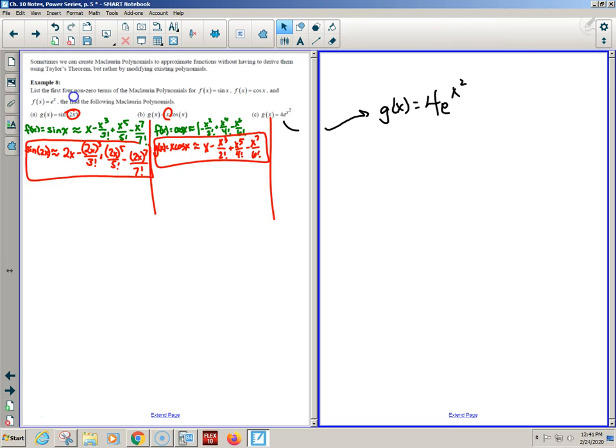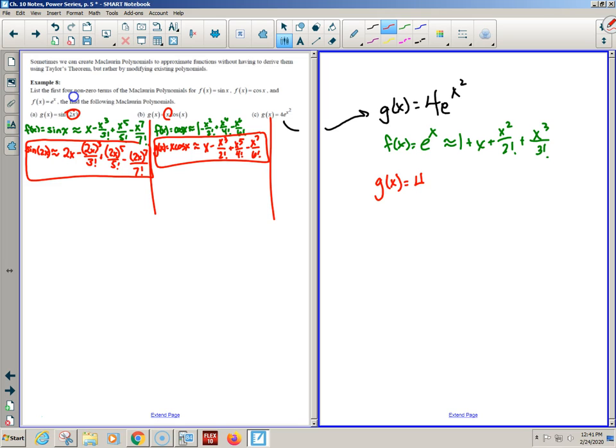Or, who's e to the x? E to the x. Okay. But his Taylor, well, technically it's Maclaurin because it's about 0, is 1 plus x plus x squared over 2 factorial. We love him. So what do we do if we have times 4? Wait, can we do this all at once? Times 4 with an x squared?